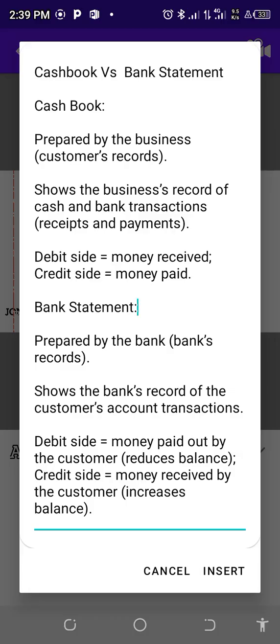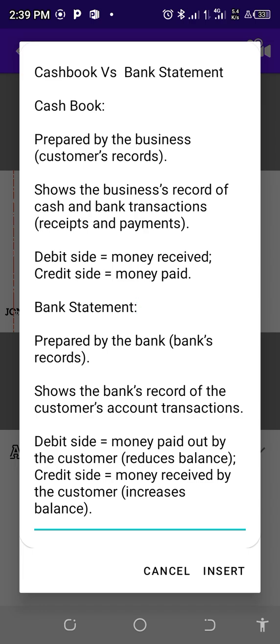It shows the business record of cash and bank transactions. That is, it shows the receipt of cash and the payment of cash.